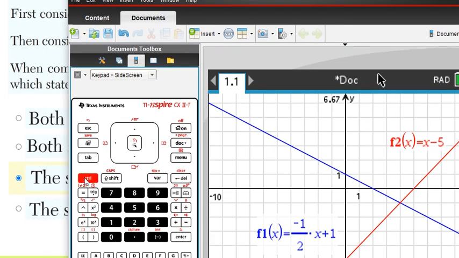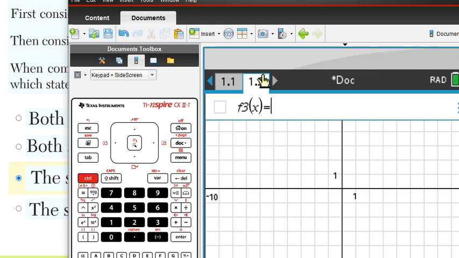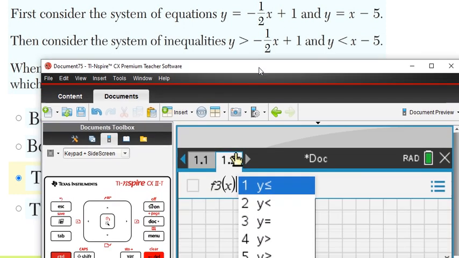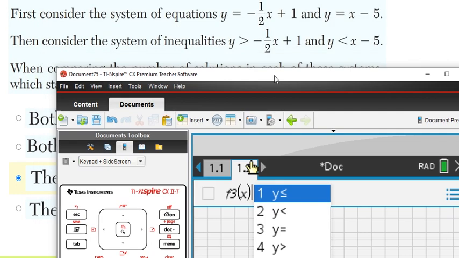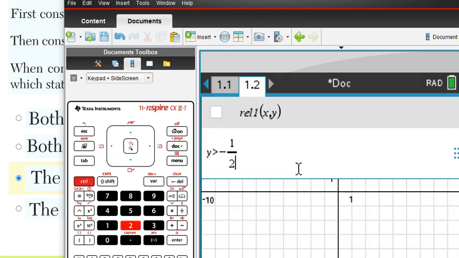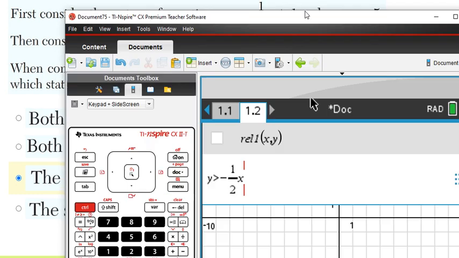So now I'm going to add another graph page, and this time I want to graph the inequality. So I have to delete my equal sign, and I need y is greater than negative 1 half x plus 1.